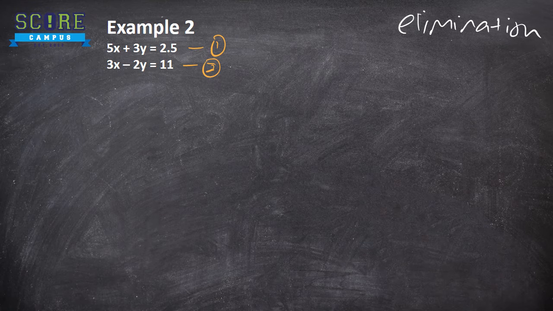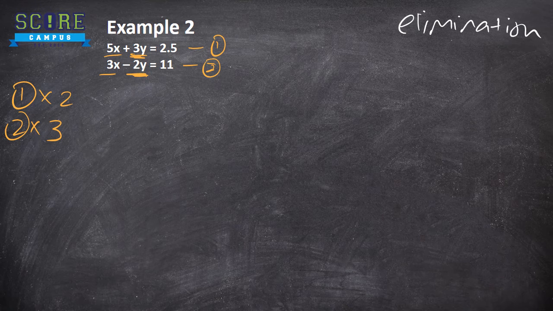What I'm going to do here is you must try and make either the x the same number or the y the same number. Okay, so let's do the y as the same number. So this is 3 and 2, so I must take equation 1 times 2, equation 2 times 3, correct? So that they will both become 6y.